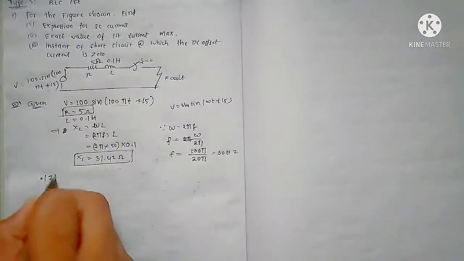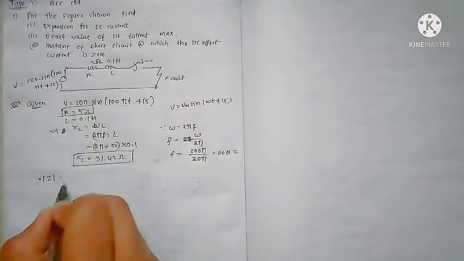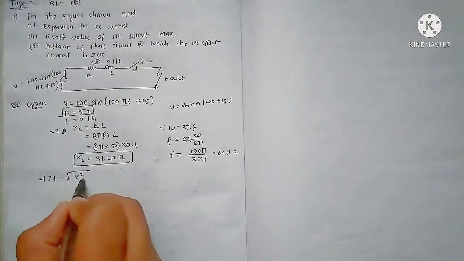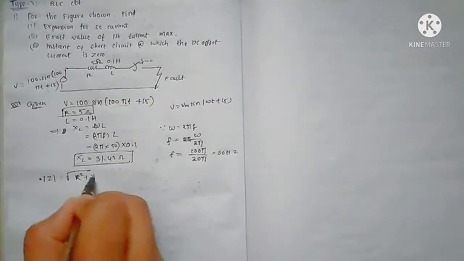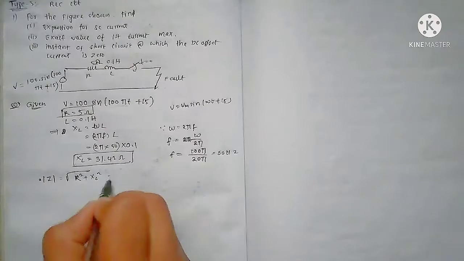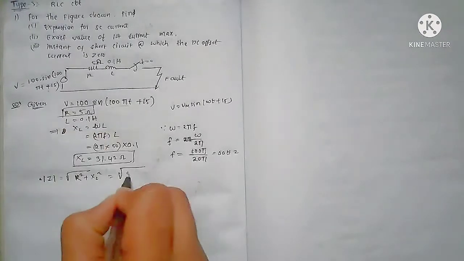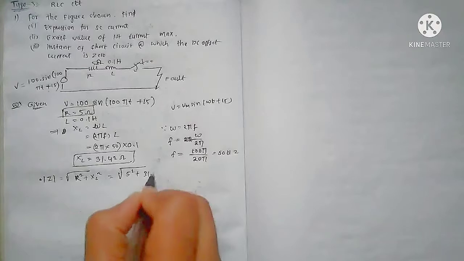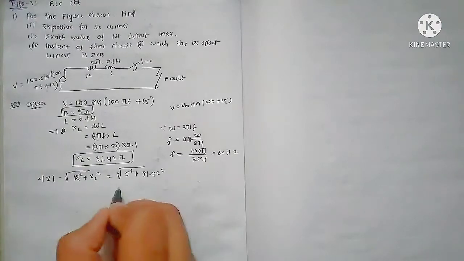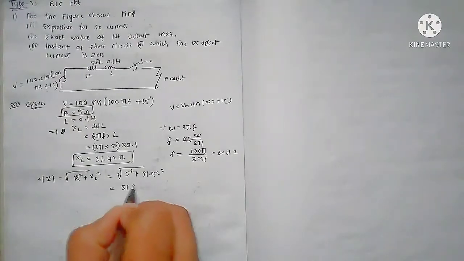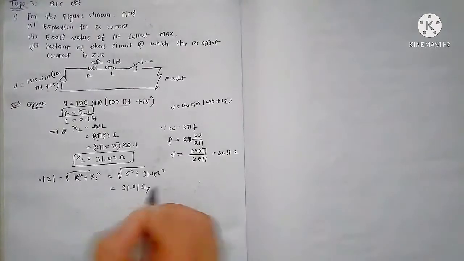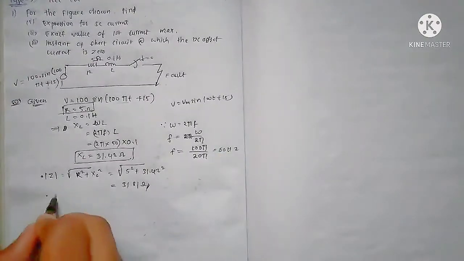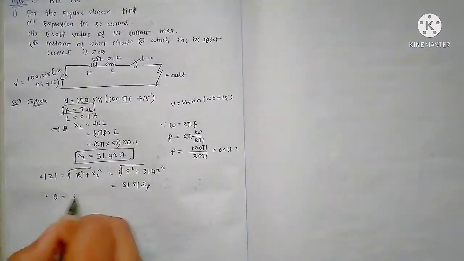Now we need to find the impedance of this whole circuit, which is equal to root over R square plus XL whole square. This is equal to root of 5 square plus 31.42 whole square. We get the answer as 31.81 ohms. Accordingly, we need to find theta also.